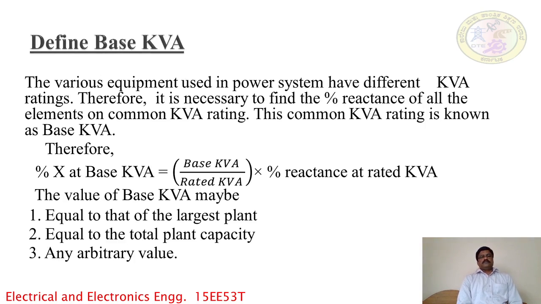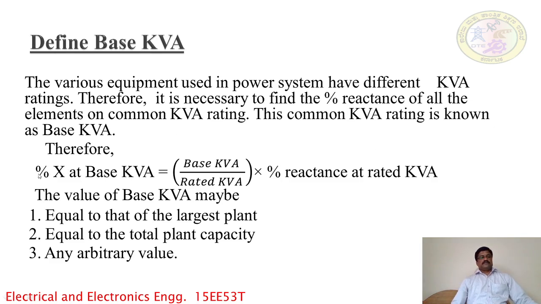So another important definition, base kVA. What do you mean by base kVA? In a power system, various equipments are installed at different kVA ratings. Therefore, it is necessary to find the percentage of reactance of all the elements on a common kVA rating. This common kVA rating is known as base kVA.